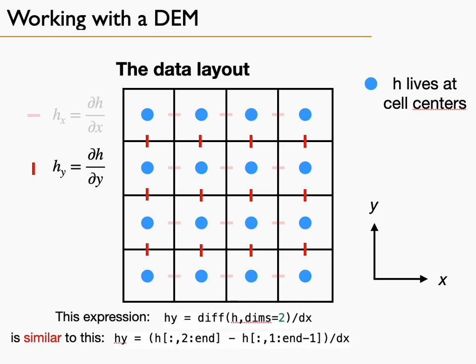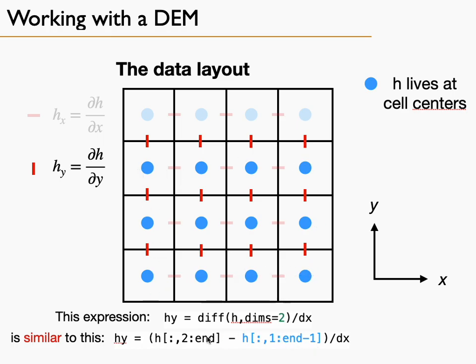So what does it mean? The first part, h 2 to end in y: we are selecting all the points starting from index 2 to end in the y direction. And to this is subtracted this portion of the array starting from index 1 in y to index n minus 1 in y, this entire part of the array.